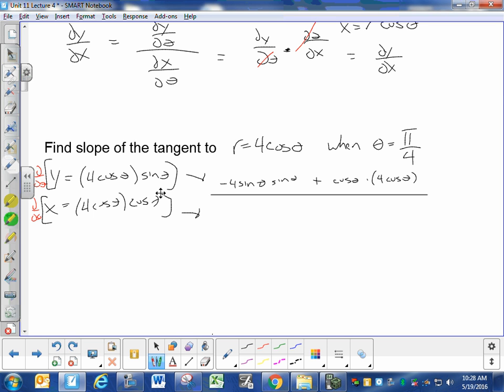For x, derivative of the first, 4 cos theta, is negative 4 sine theta times cos theta. Derivative of cos theta is negative sine theta times 4 cos theta. Right? Messy. But that's the derivative.